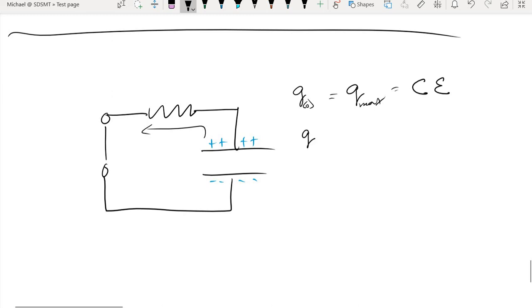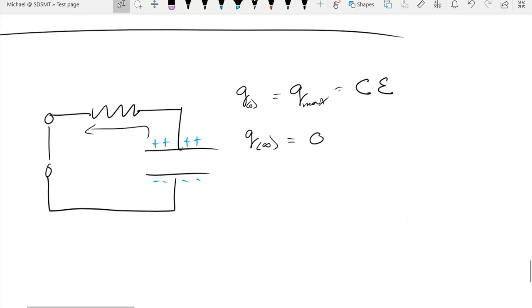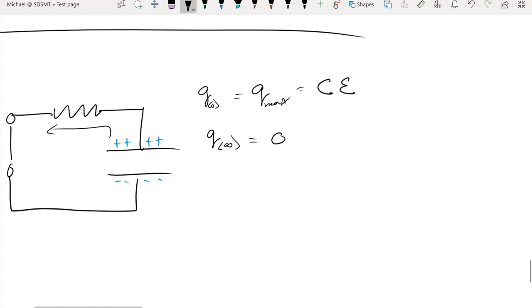As time goes by, all of that charge should nullify, and we should get a final charge value of 0. If the final charge in the circuit becomes 0, that means there's no charge to move around, and so the final current in the circuit is going to be 0.